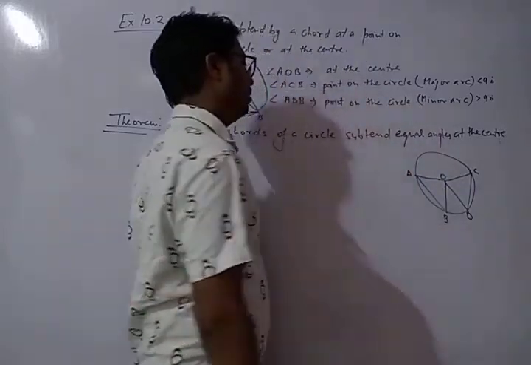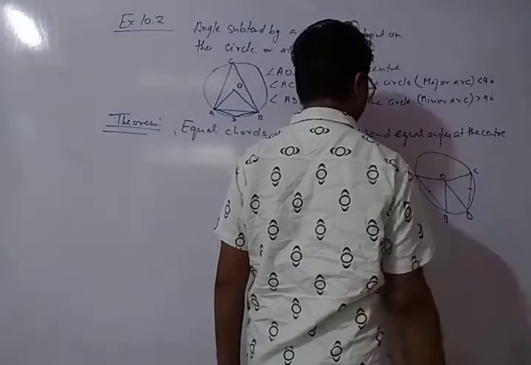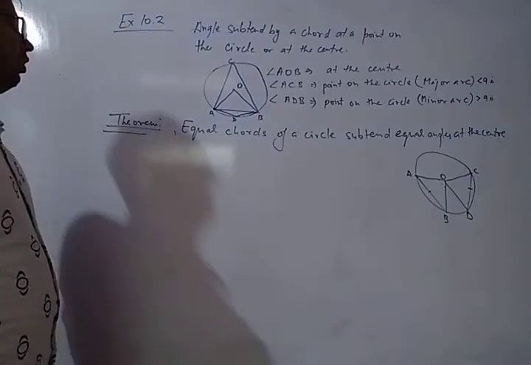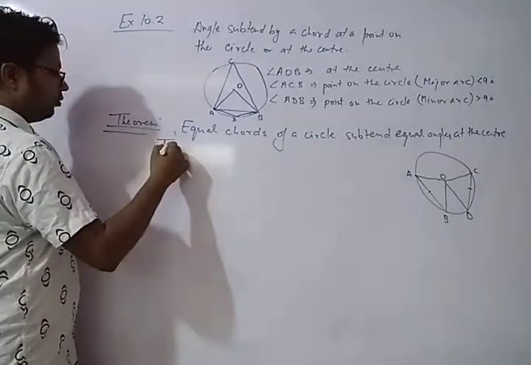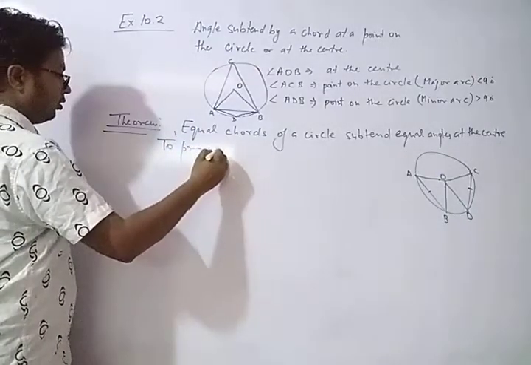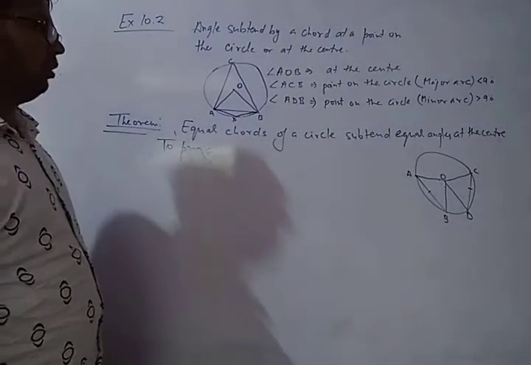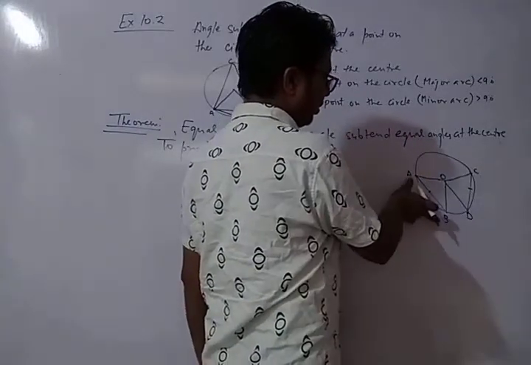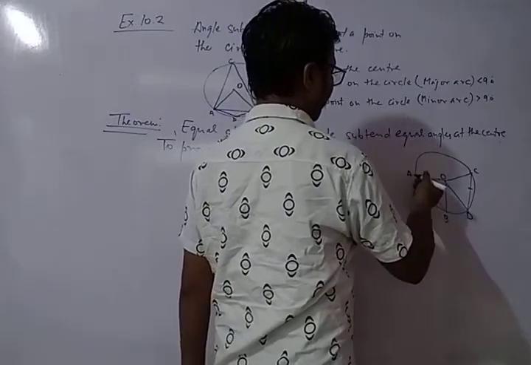It is given that AB is equal to CD. Now, according to it, what we have to prove is that angles subtended by the equal chords, means AB and CD are the equal chords, line segment joining the two points on the circle, subtend the equal angle at the center.